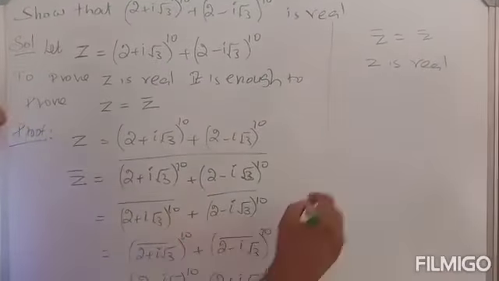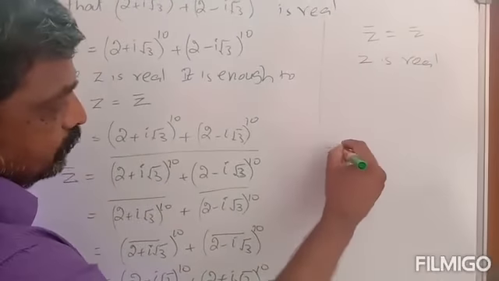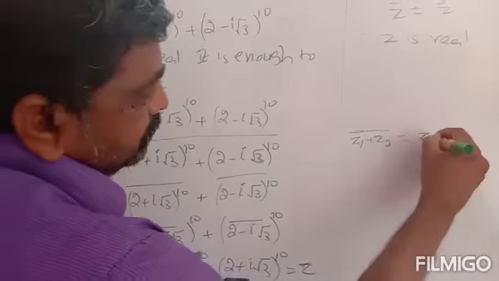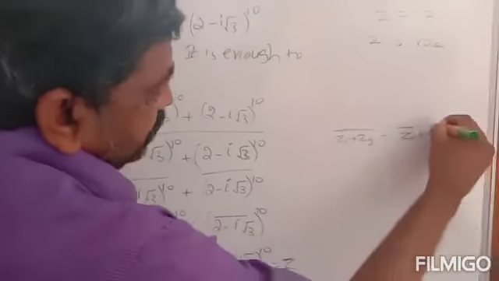Here we can use the property (z1 + z2) bar = z1 bar + z2 bar.